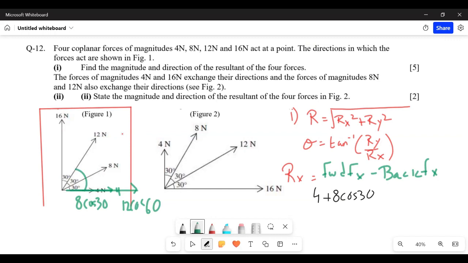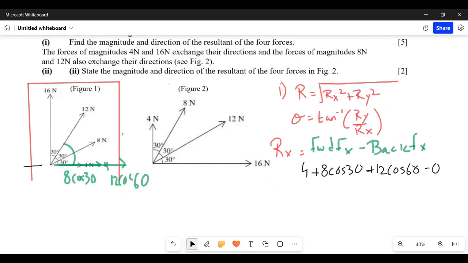And these are the forward forces, so plus 12 cos 60. There's no backward force in the x direction, so minus 0. So 4 plus 8 cos 30 plus 12 cos 60 comes out to be 16.9282.